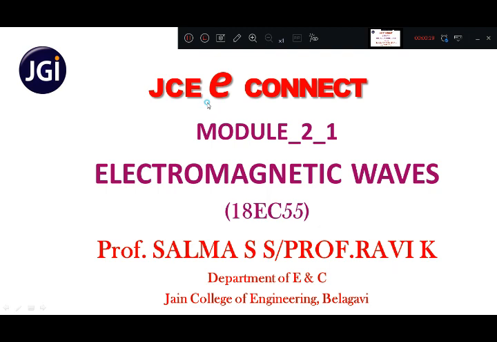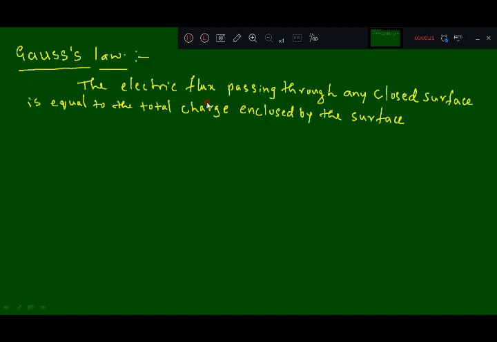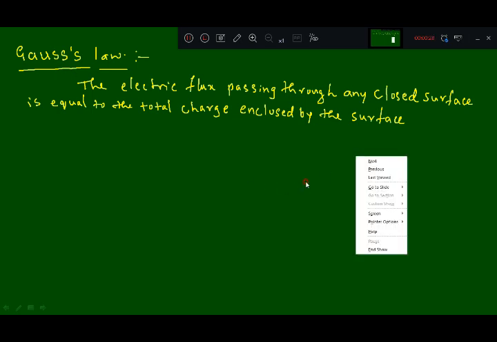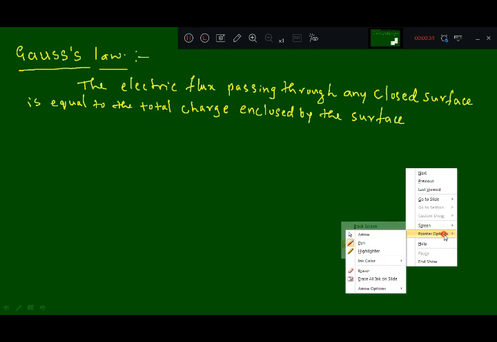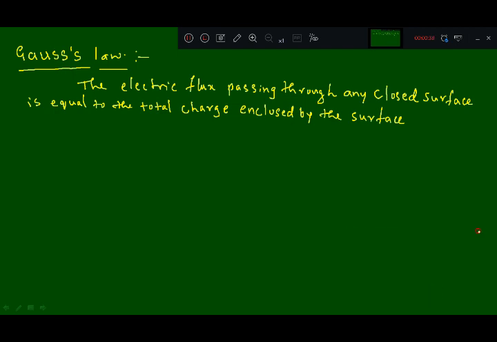So what the Gauss law states is that the electric flux passing through any closed surface is equal to the total charge enclosed by the surface. So this is the definition of Gauss law.